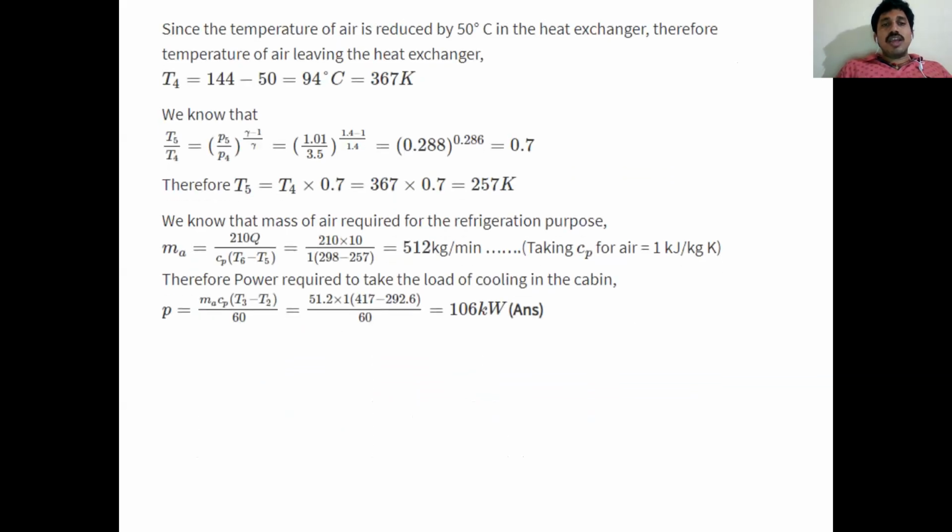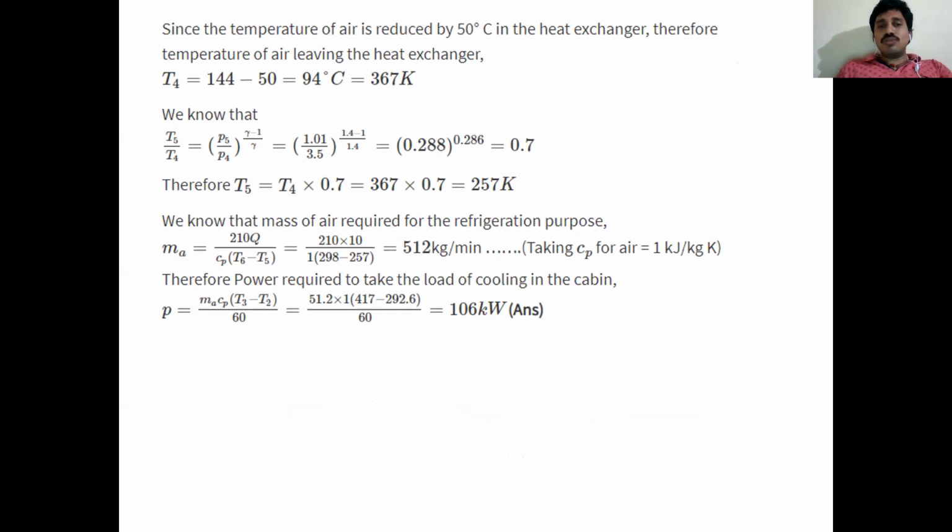So m_a Cp (T6 minus T5) is equal to the refrigerating effect. The refrigerating effect is given as 10 TR. To convert to kilojoules per second, you should multiply the TR value by 3.517. Otherwise, to convert to kilojoules per minute, you should multiply by 210 or 211. You can take 210.